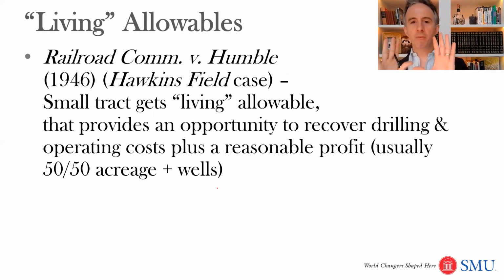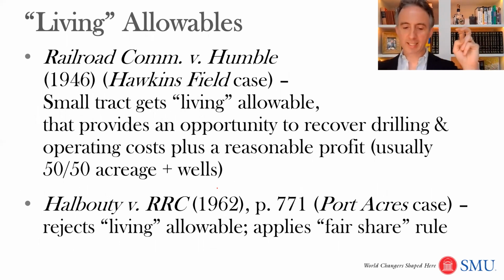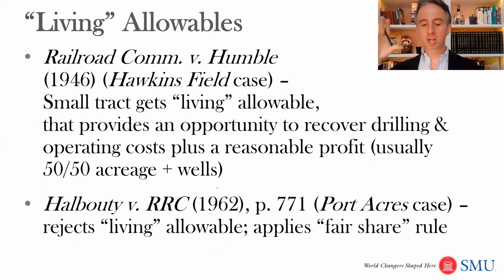They come from the Railroad Commission versus Humboldt-Hawkins Field case. So that small tract gets a living allowable, and it provides an opportunity to recover the cost of drilling. But they get overturned in this Port Acres case, it's sometimes called, Al Booty versus Railroad Commission from 1962.